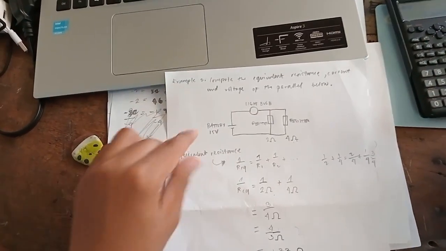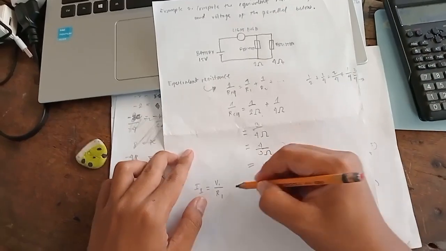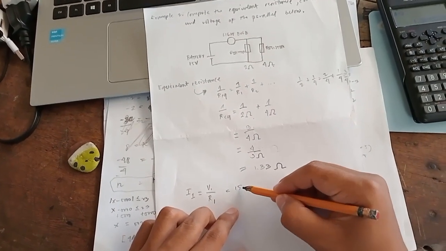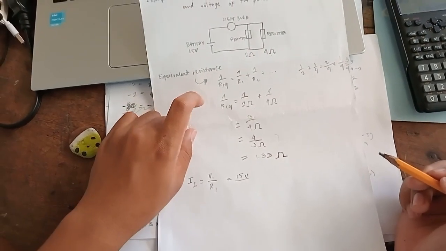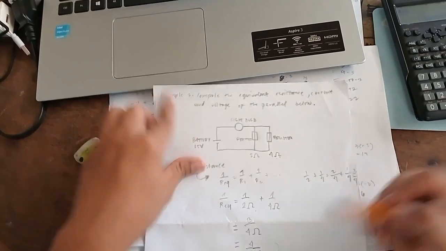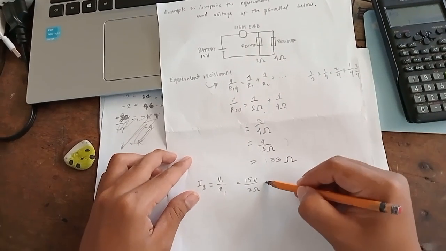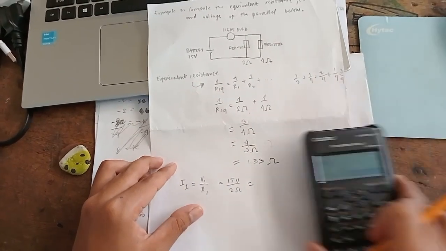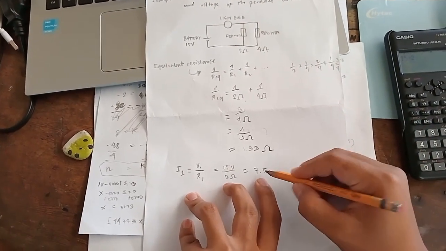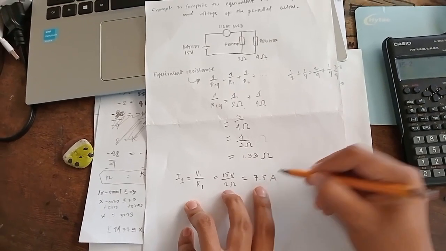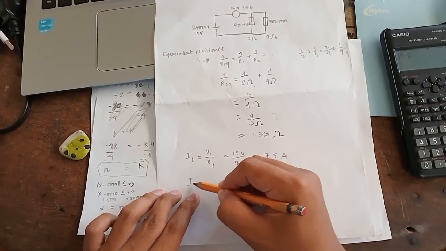Since we know our resistor has 15 volts, we put 15 volts over 2 ohms for the first resistor. Then we divide it. The first resistor has a current of 7.5 amperes.